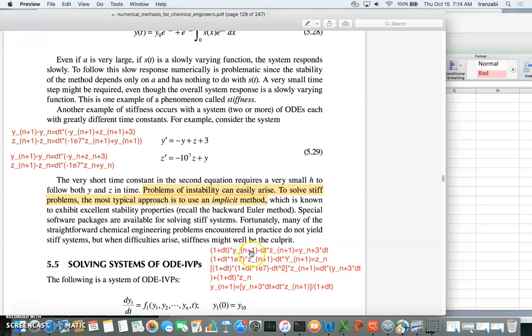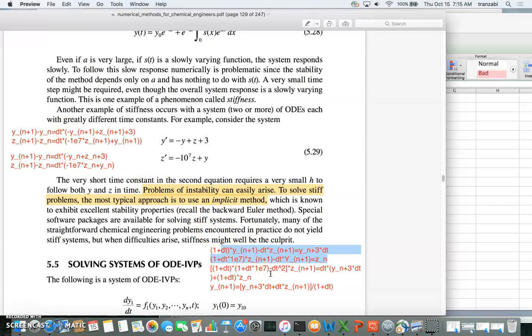Okay, so (1 plus dt) y_{n+1} minus dt z_{n+1} is equal to y_n plus 3 dt. I moved these two to the left side and this one to the right side because that's known. I do the same thing for the second equation, and I get these two, obtained by rewriting these two equations.